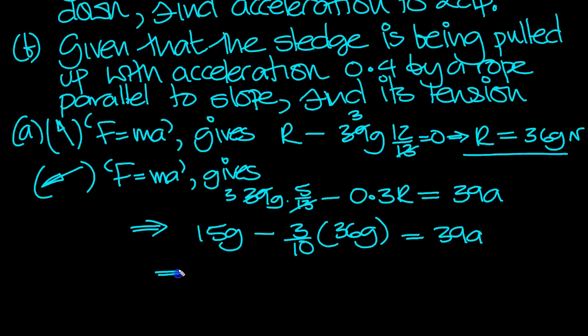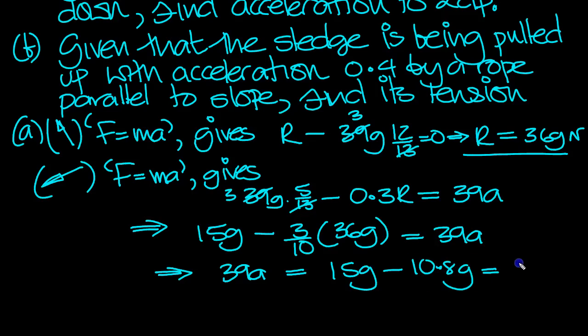So that tells us then, 39a, just writing it the other way around. This is 3 36s is 90, 3 6s are 18, that's 108 over 10, 10.8. So we've got 15g minus 10.8g. So this will be 4.2g. So that tells us the acceleration then, 4.2g divided by the 39.